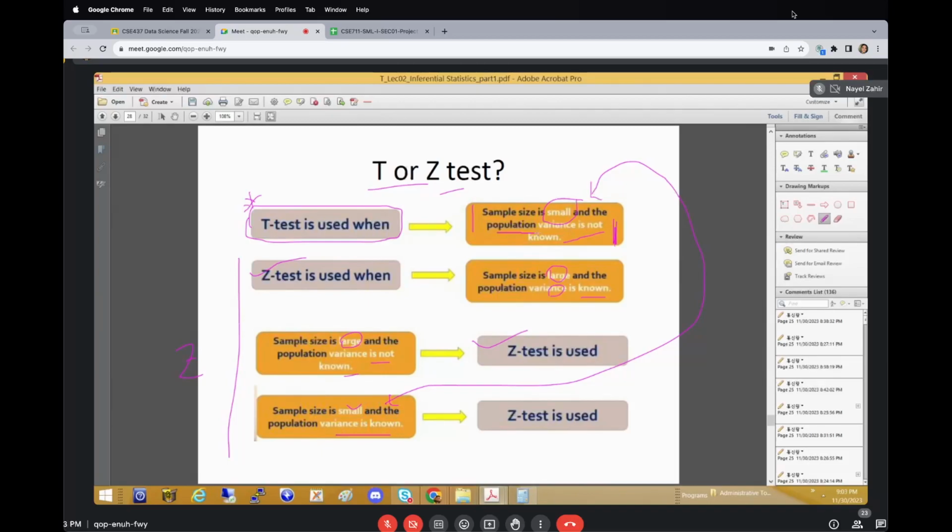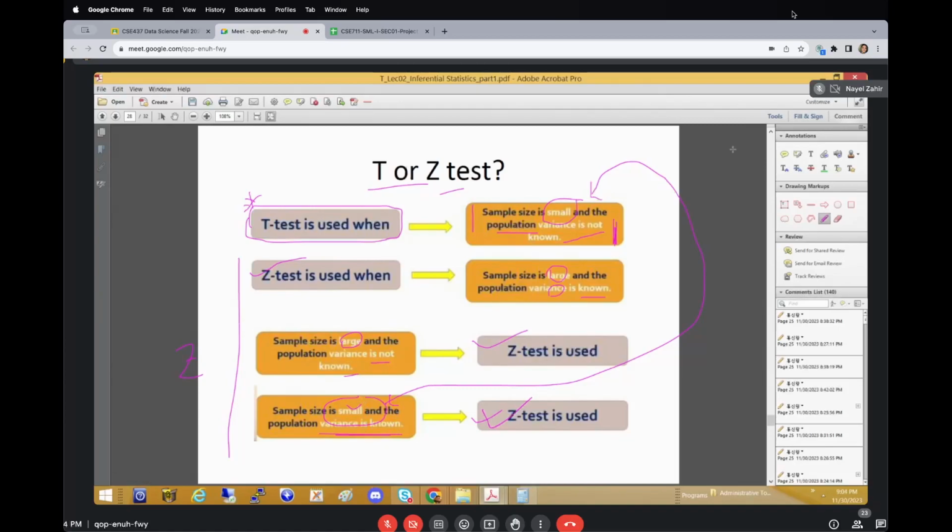So that means even though the sample size is small, if the population variance is given, then apply the g-test.